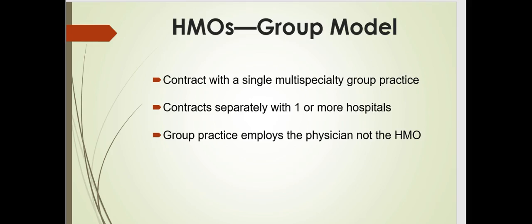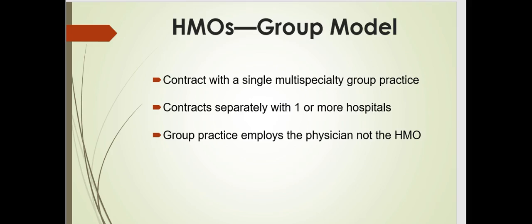So a group model HMO contracts with a multi-specialty group practice and separately with one or more hospitals to provide comprehensive services to its members. The physicians in the group practice are employed by the group practice, not by the HMO. The HMO generally pays an all-inclusive capitation fee to the group practice to provide physician services to its members.